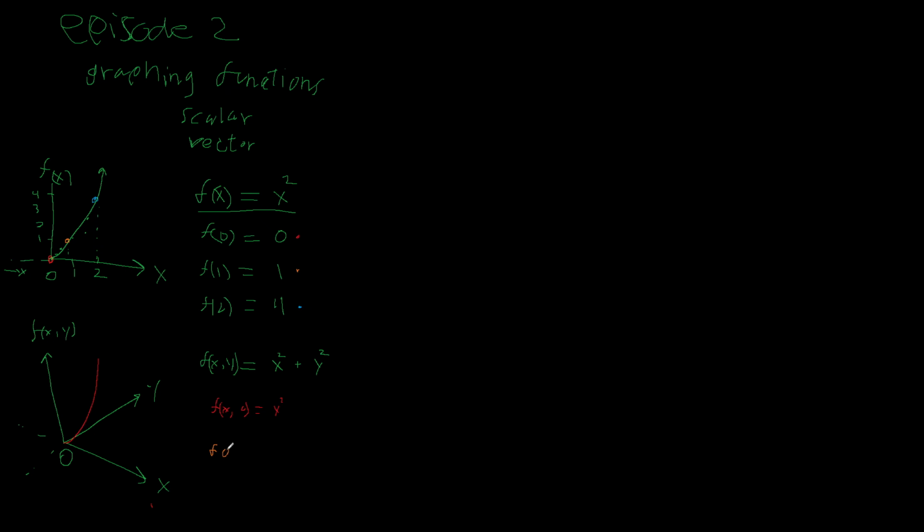This orange line, well, if you hold x at 0, then we just have y squared. So we get this in this direction. I hope it should be clear that this is down this x-axis, and this is down this y-axis here, okay?